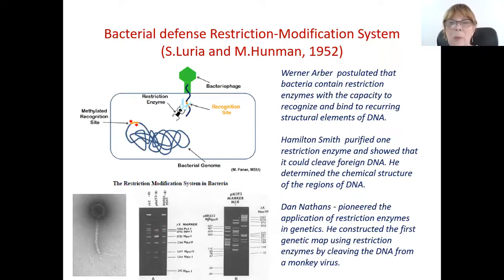Then Hamilton Smith purified this restriction enzyme and showed that it could cleave foreign DNA. He also determined the chemical structure of these regions of DNA. Then the third scientist, Daniel Nathans, pioneered the application of restriction enzymes in genetics to develop restriction maps. This was big progress in genetics.